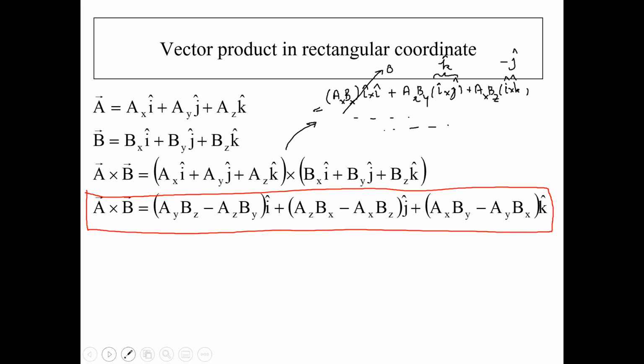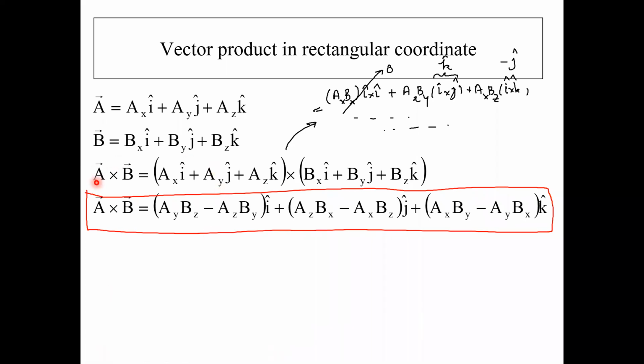Now, in rectangular coordinates, you can do a vector product. Let A equal AXi plus AYj plus AZk, and B equal BXi plus BYj plus BZk.